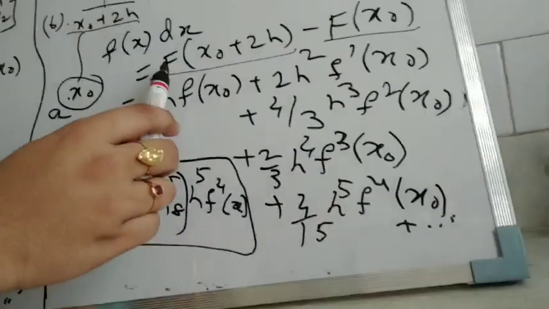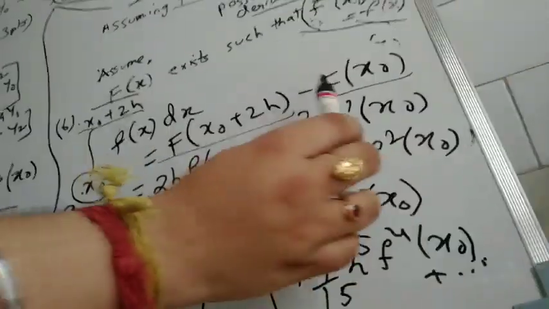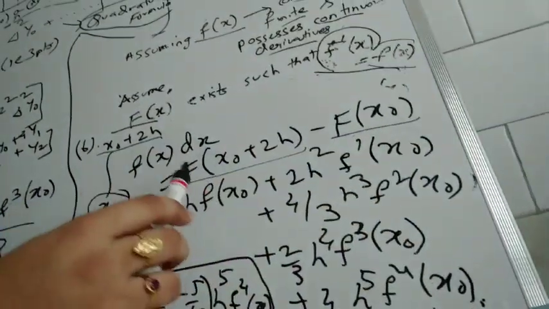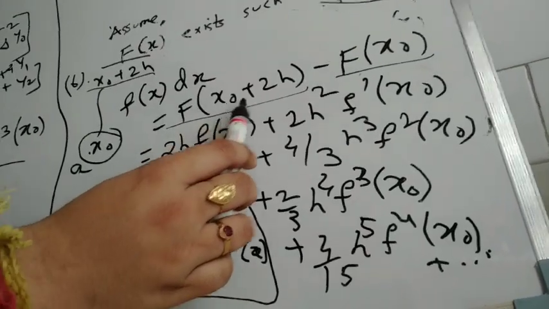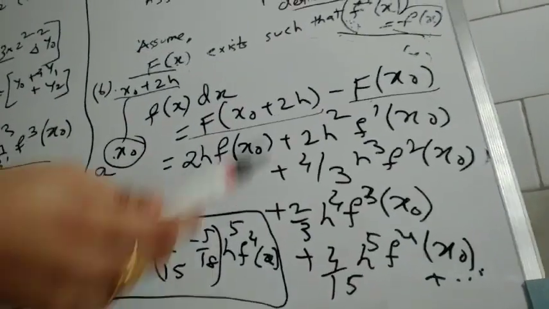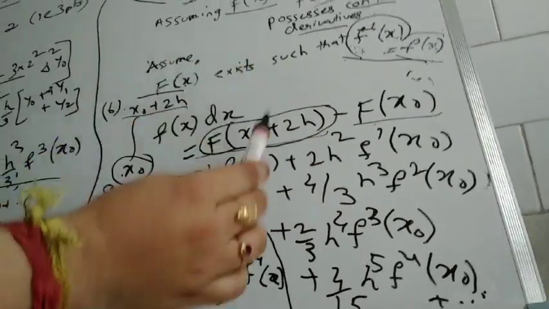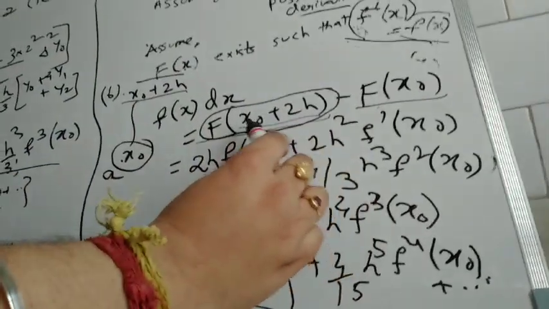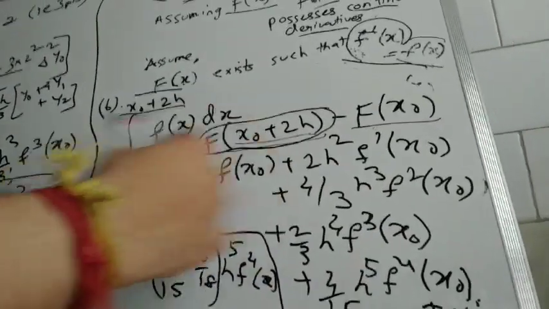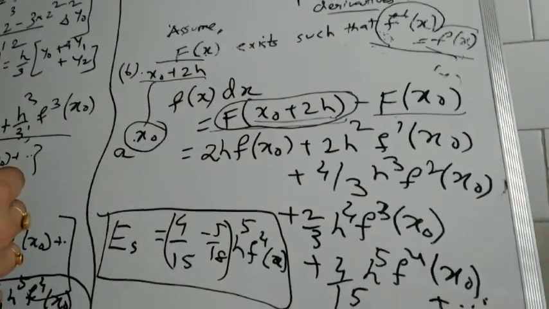In the earlier case, in the trapezoidal case I am talking about, we got F(x0 plus h) and F(x0). But for this case, we are getting F(x0 plus 2h), because our limit is up to 2h, minus F(x0). Then similarly again there is F(x0 plus 2h). Wherever you find these terms x0 plus 2h, x0 plus h, or x0 plus 3h, simply expand by Taylor's theorem.